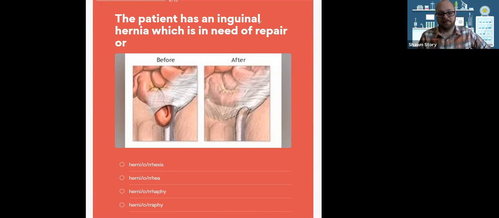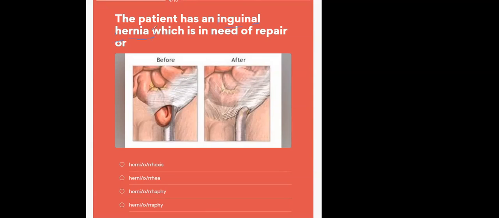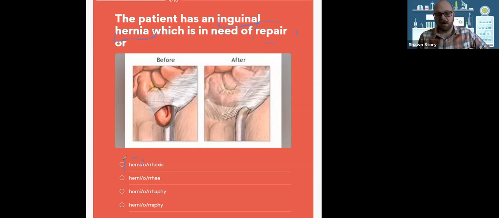Let's read this one. Inguinal hernia. The patient has an inguinal hernia, which is in need of repair or... The last two look the same.